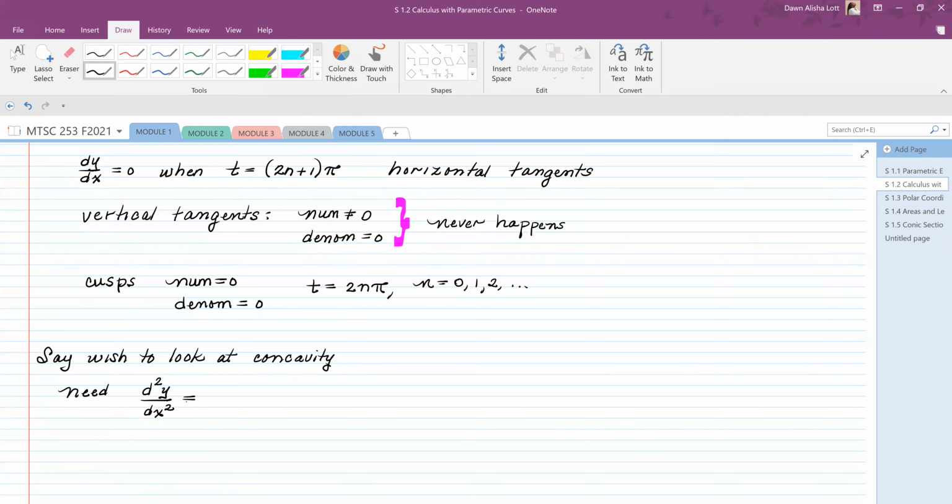Now I can. Okay, I said you take the derivative of the derivative. So the derivative of the derivative would be to take the derivative with respect to x of the derivative of y with respect to x, right? So how do you take the derivative of anything?